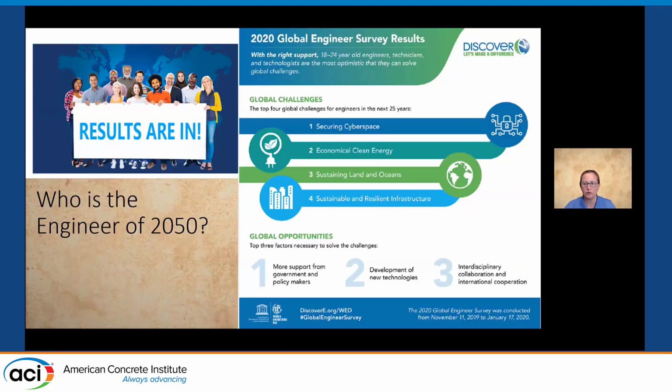You're probably aware of the global reports about who the engineer of 2050 is, or this one, the Global Engineer Survey results, talking about what we need to do and prepare for. In the past, we thought about methodical steps and how to produce an engineering product, and we made incremental steps.